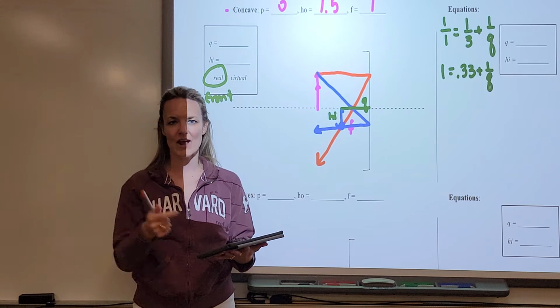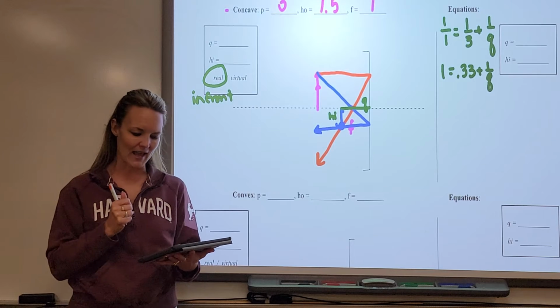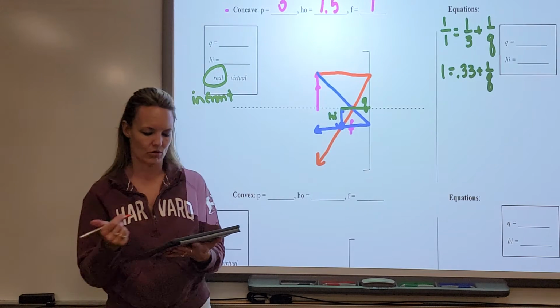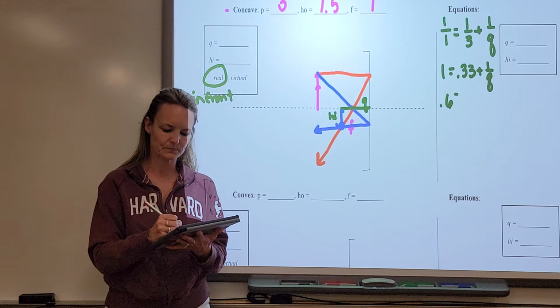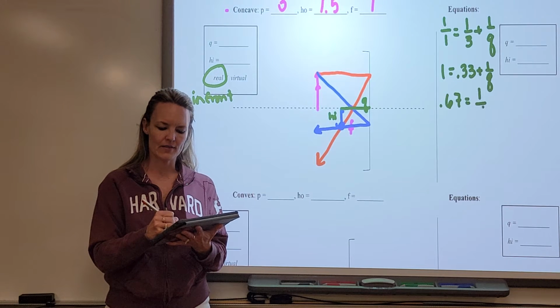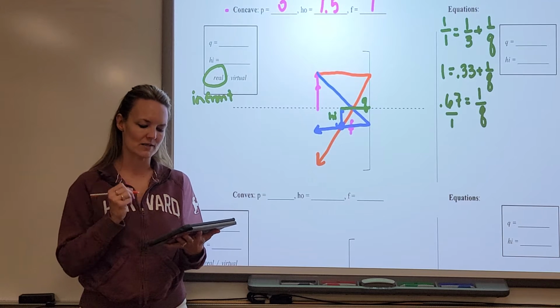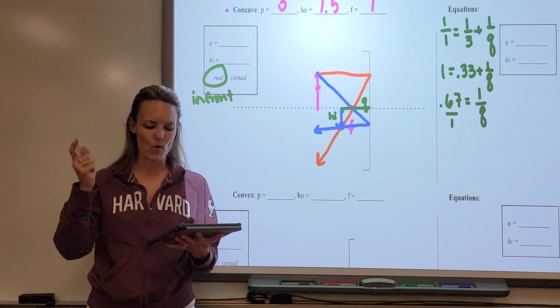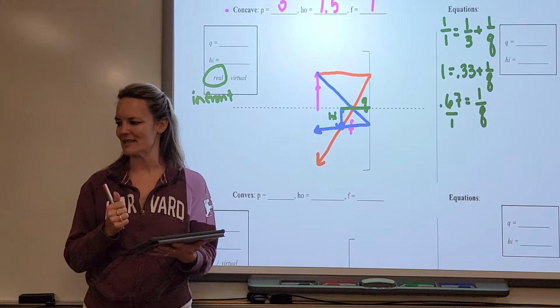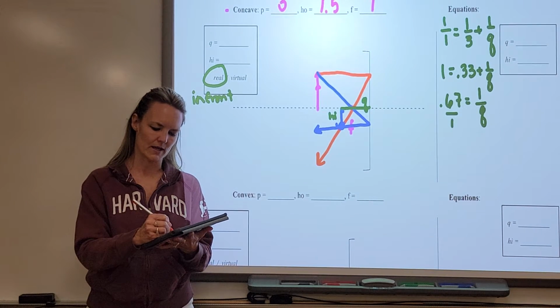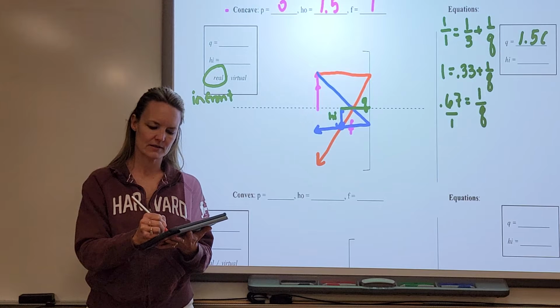You're going to subtract the 1/3 to the other side, and that, if you put it into decimals, is going to be 2/3 or 0.67. That is not q, that's 1 divided by q. So I got to do that switcheroo. I have to cross multiply and divide. If I take 1 divided by my 0.67, I end up with q as 1.5 centimeters.